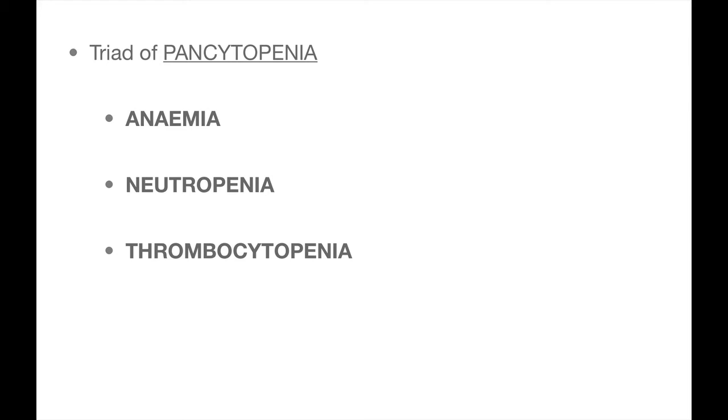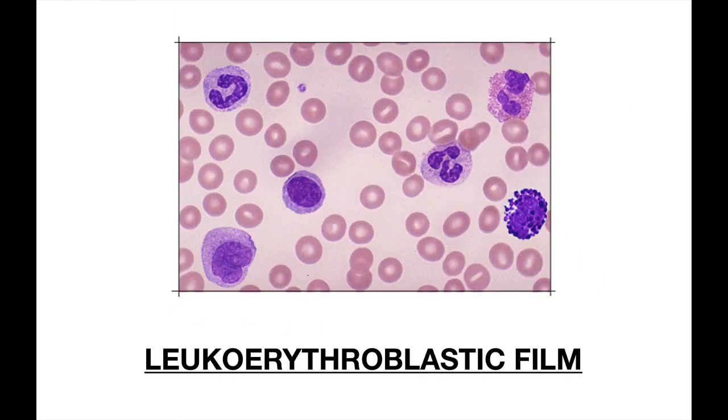You see a pancytopenia, so a lack of cells of all types, of all the different lines. So if you look at the red cell line, you get an anemia, the white cell line, a neutropenia, and the platelet line, a thrombocytopenia. You also get a classical blood film, the so-called leukoerythroblastic film, where you see immature red and white cells or blasts.